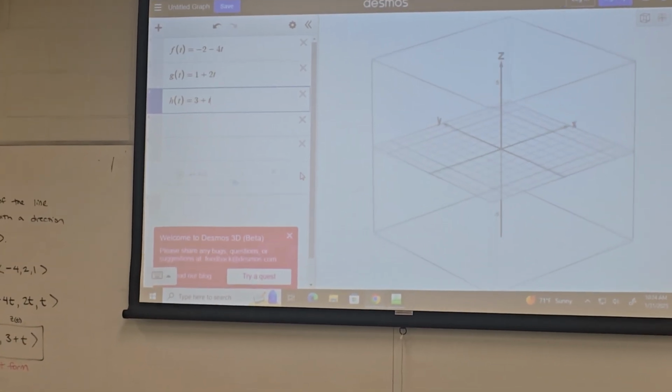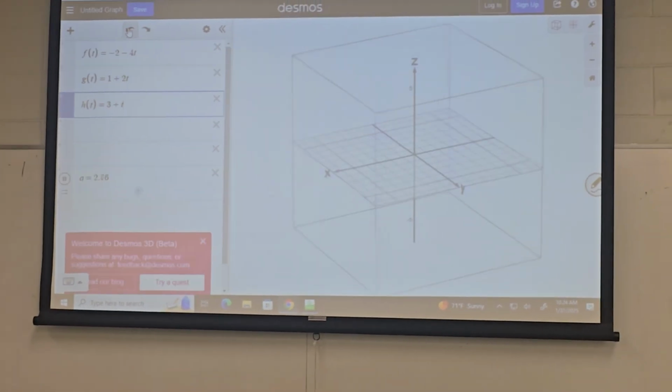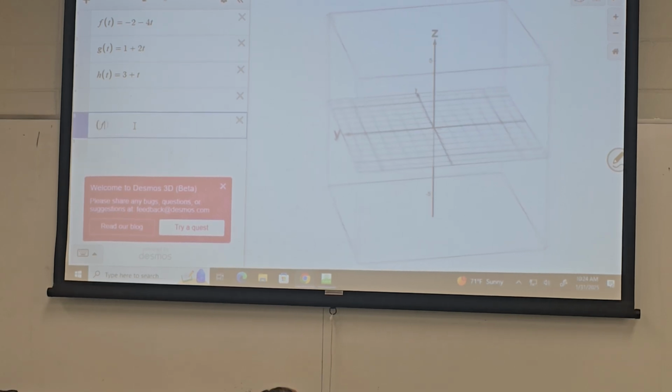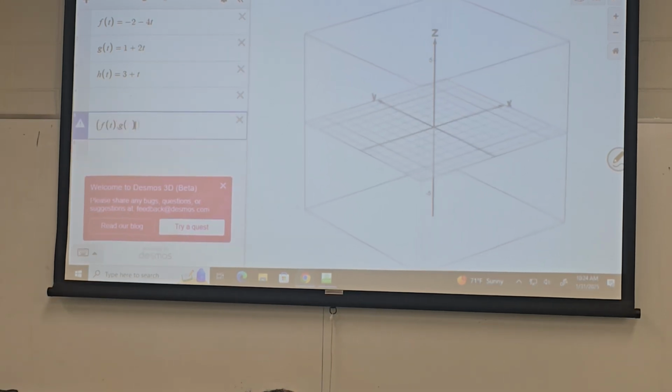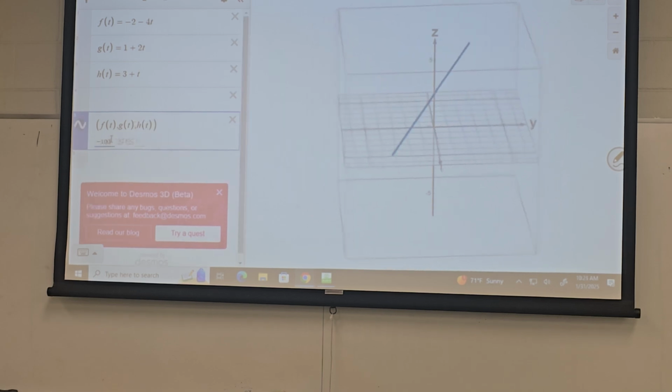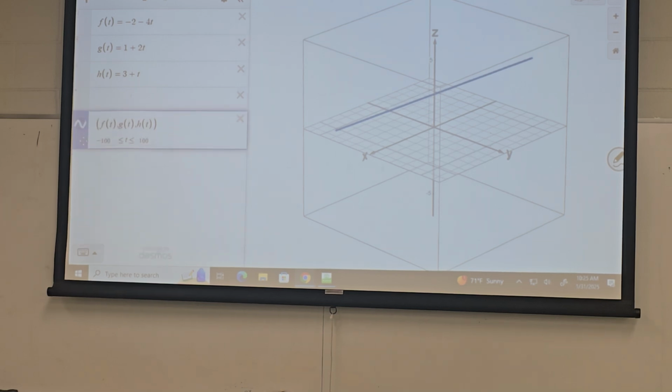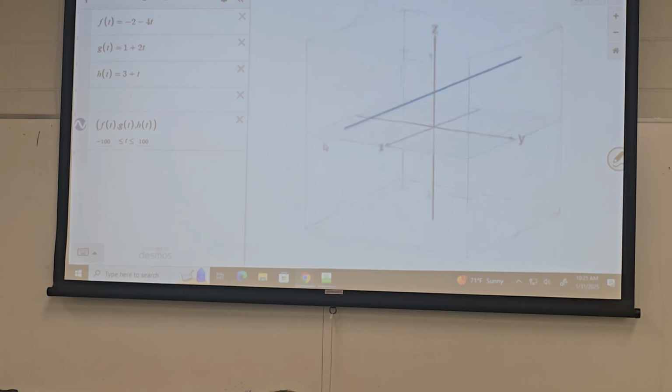Now if we want to kind of ditch the animation idea, by default, Desmos will always prompt you to have parameters between like 0 and 1. Just put like -100, 200. It's just going to draw as far as it can. And that's going to be how we get a line in 3D.